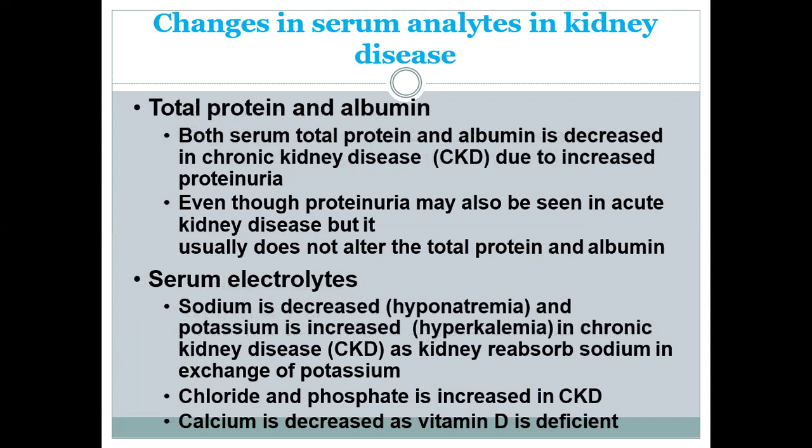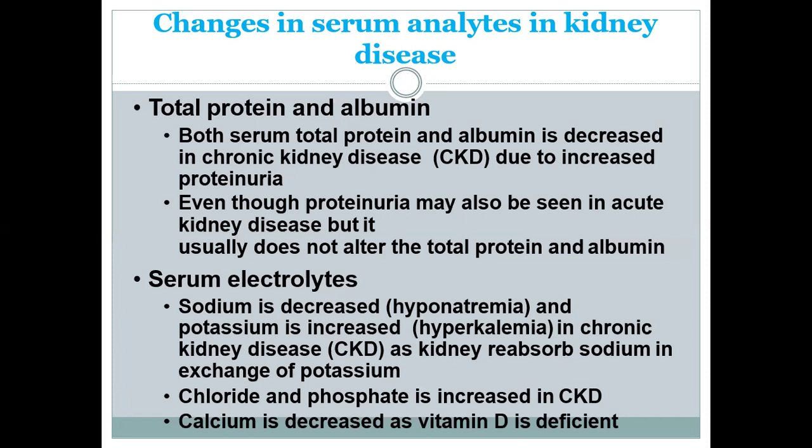Total protein and albumin, both serum total protein and albumin, are decreased in chronic renal disease due to increased proteinuria. Even though proteinuria may also be seen in acute kidney disease, it does not alter the total protein and albumin in the plasma.